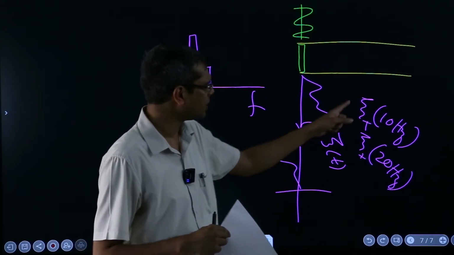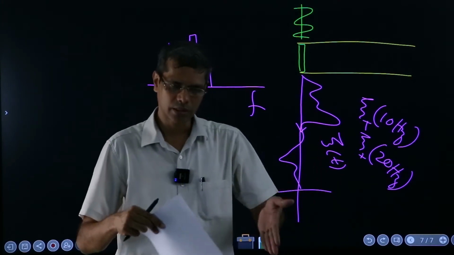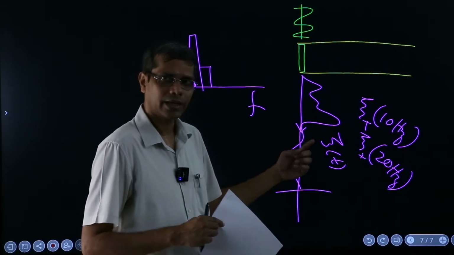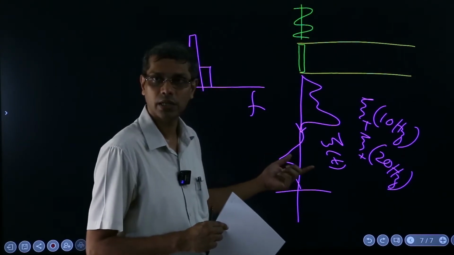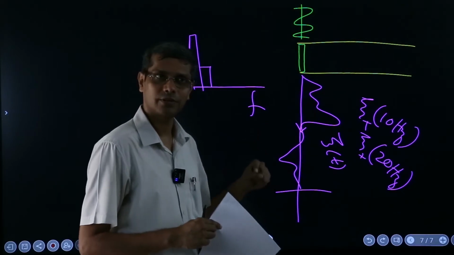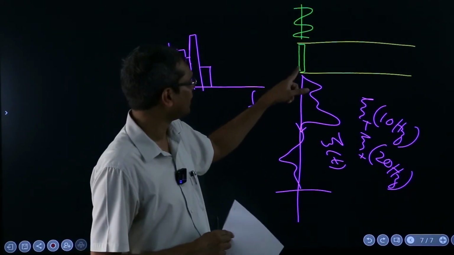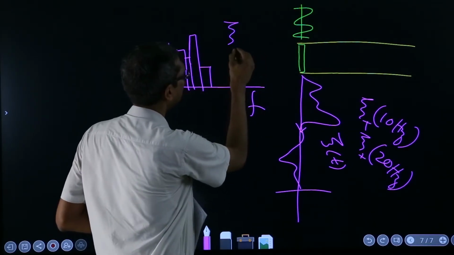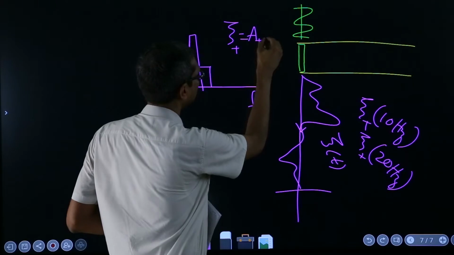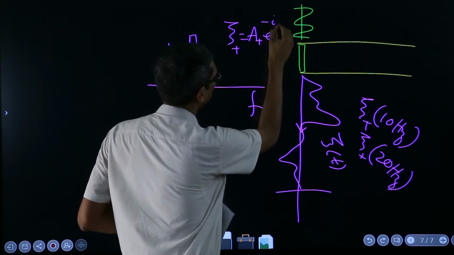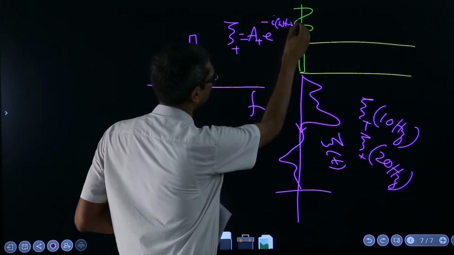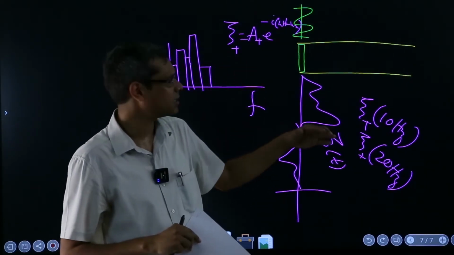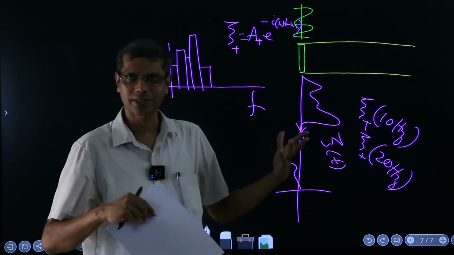So there are many such xi's at different integral multiples of 10 hertz, and at every such frequency you can calculate the pressure, right? Because you have learned how to calculate for a given sinusoid, when xi plus was say A e raised to minus i(omega t minus kx), the pressure, intensity and all those sound pressure levels.